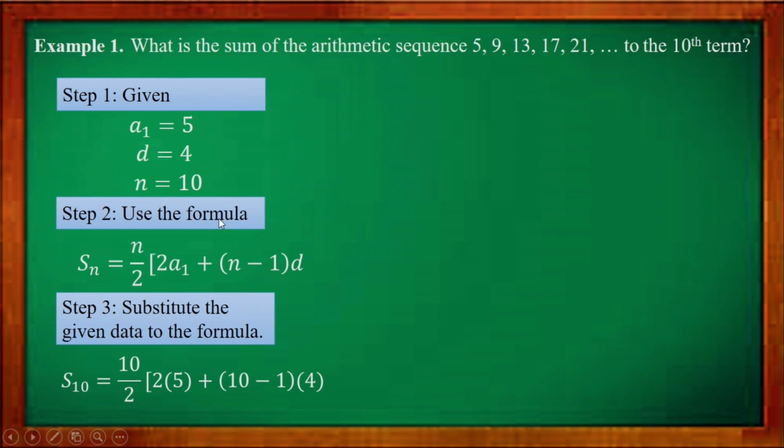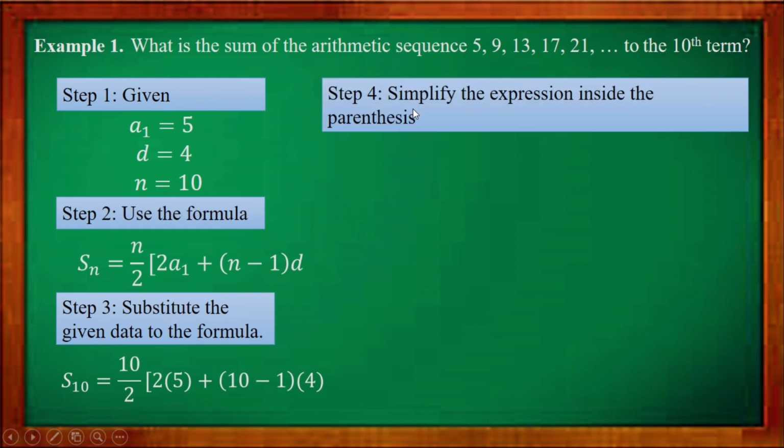After we substitute the given values to this formula, we can now simplify the expression inside the bracket. So all these expressions, we have to simplify first. So S sub 10 equals 10 over 2, 2 times 5 plus, inside the parentheses we have 10 minus 1.